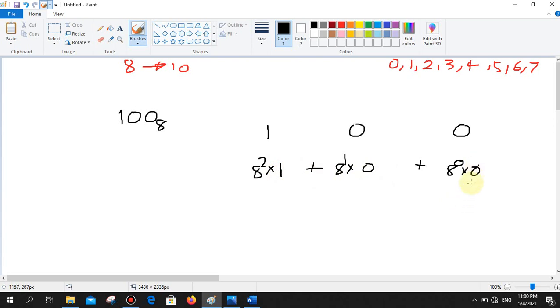So the value will be 0 plus 0 plus 64, since 8 to the power of 2 is 64. The final answer after adding these all is 64 in base 10. This is how you have learned to convert an octal number into decimal. Write this example in your book and practice all of this.